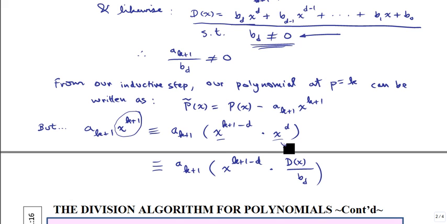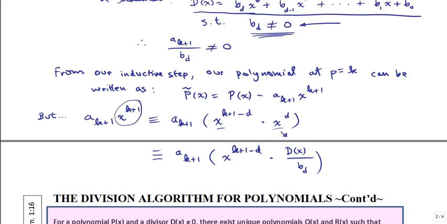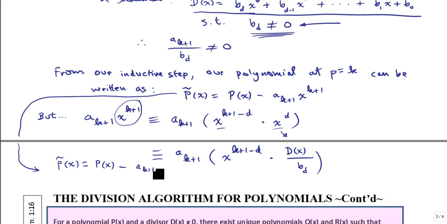Okay, having done that, let's put it all together. Therefore, I could say that my p tilde polynomial is equal to p of x minus the a sub k plus 1 term divided by the b sub d term, which is right here.